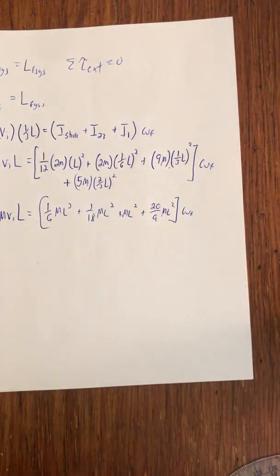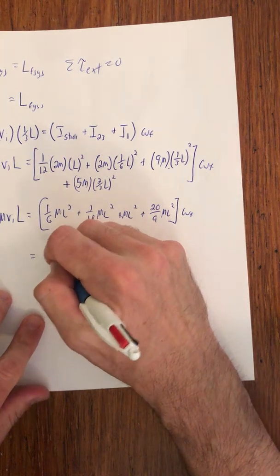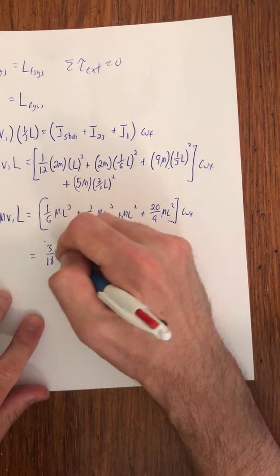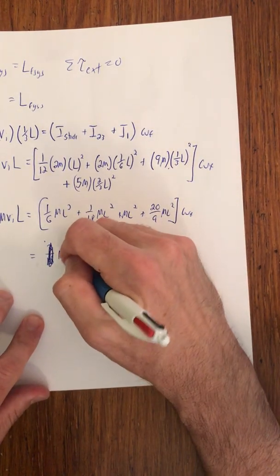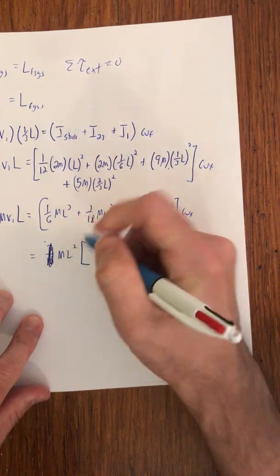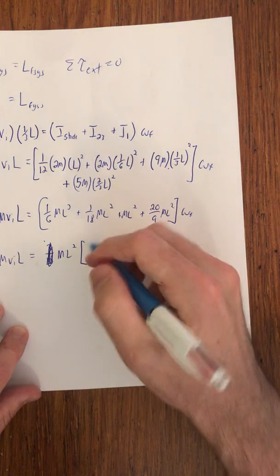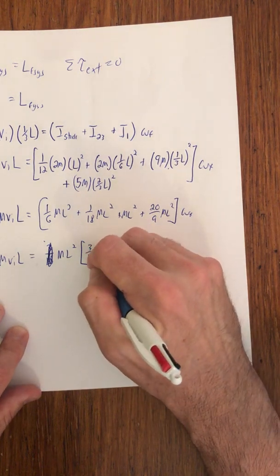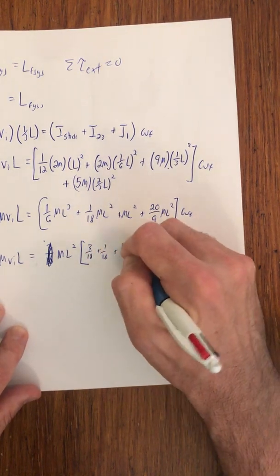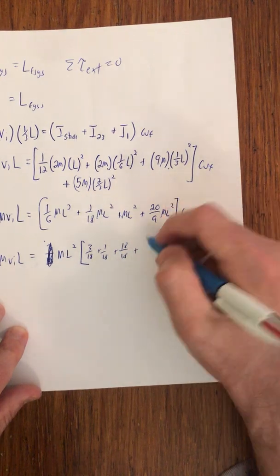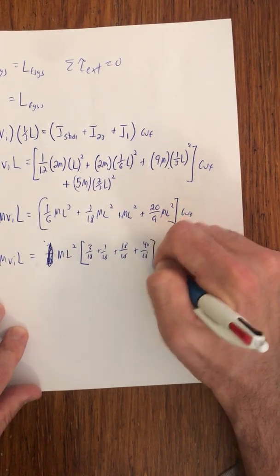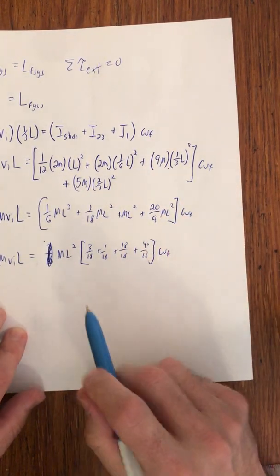Let's try and get some sort of overall fraction. Oh, 18s. That's not actually too terrible. Look at that. So 3/18. Well, actually, let's just pull out an ml squared from this. 5/3 mvi. So things are going to cancel. I've got a 6, which is 3/18 plus 1/18 plus 18/18 plus 40/18 omega final.